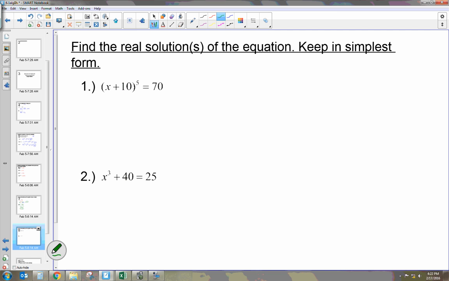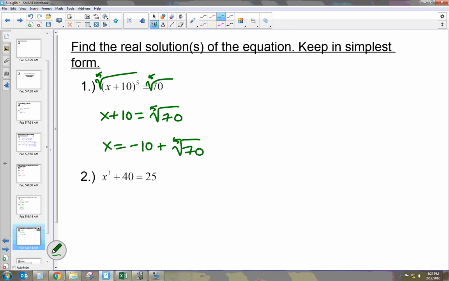Okay, this next one, we're going to do the fifth root on both sides. Since it's odd, we're going to keep it as 70, so it's going to be x plus 10 is equal to the fifth root of 70. That cannot be simplified, so it's just going to be x equals negative 10 plus the fifth root of 70.